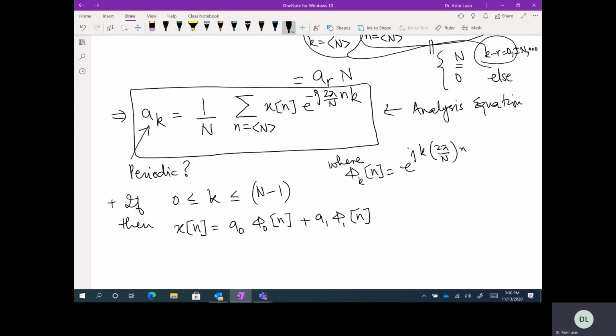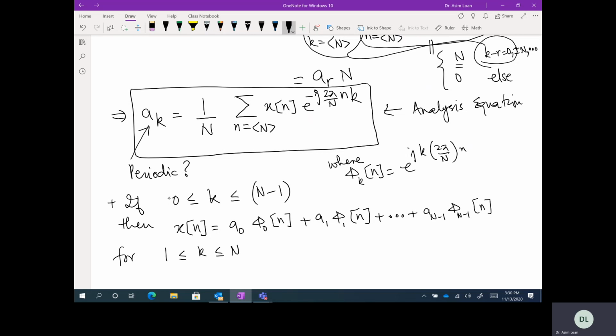So these are discrete harmonically related complex exponentials, plus up to a_{n-1} phi_{n-1} n, right? And for 1 less than or equal to k less than or equal to n.